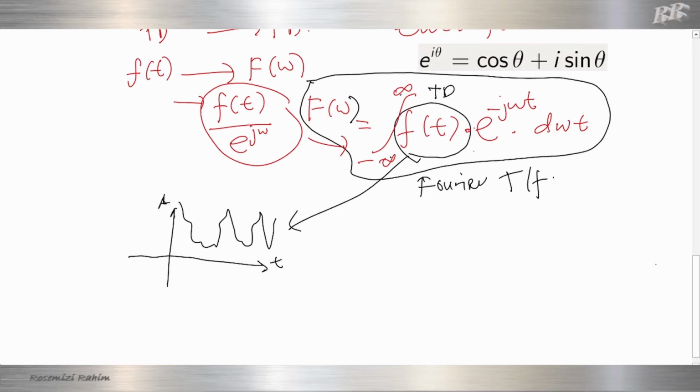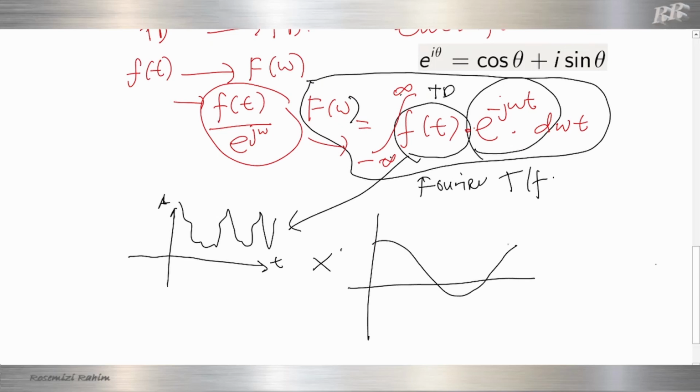This one is a sinusoidal waveform, cos and sine waveform.